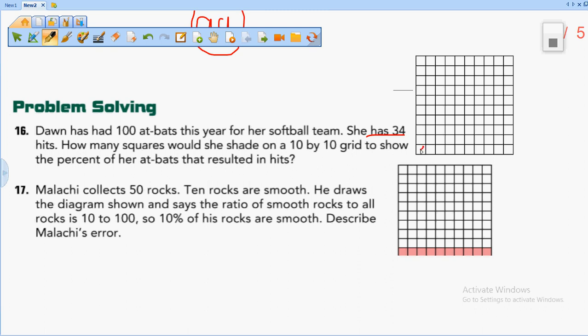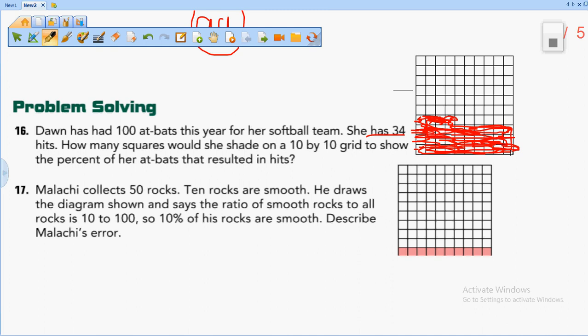Look, 10, 20, 30, and 1, 2, 3, and 4. So here we have to shade these parts only because she has only 34 out of 100.